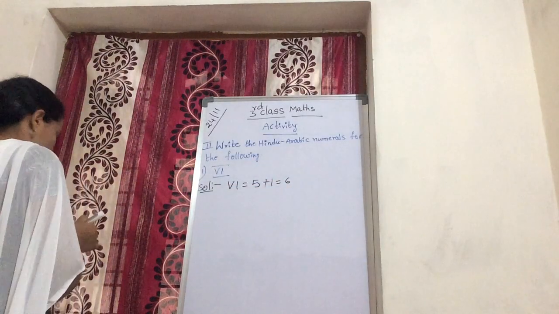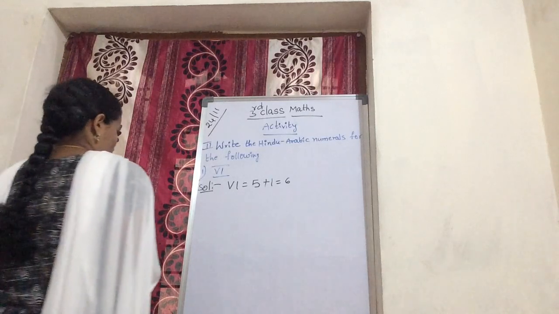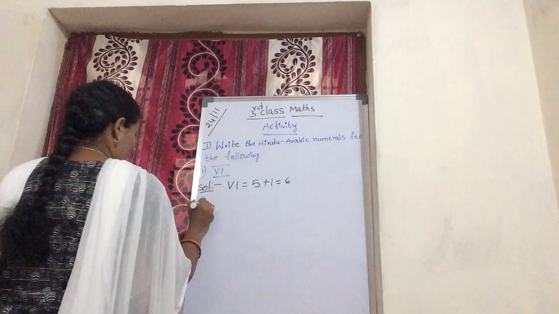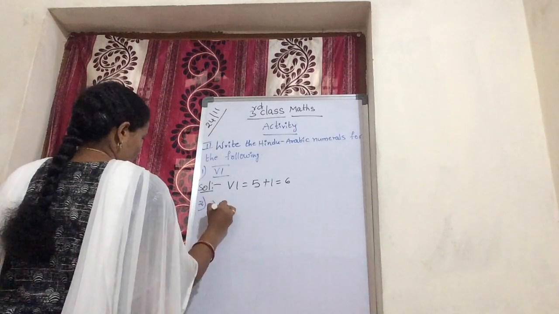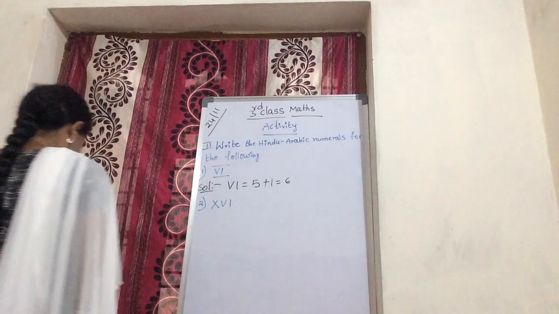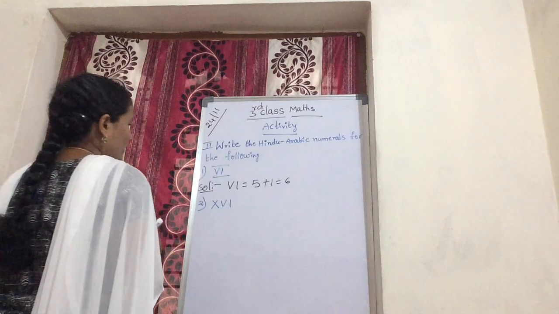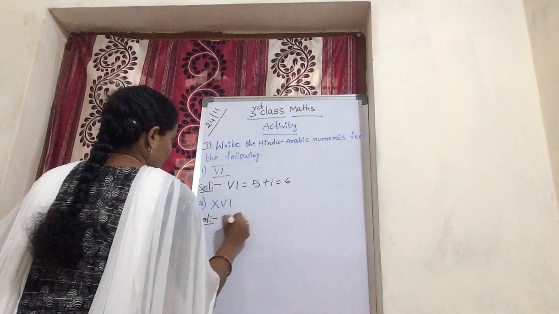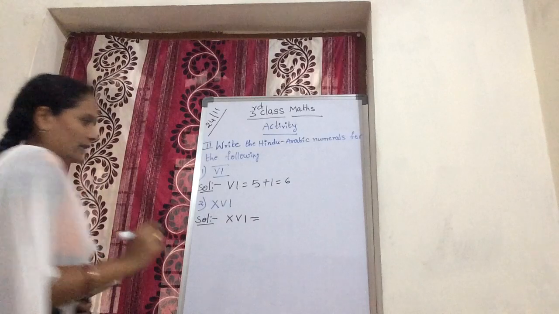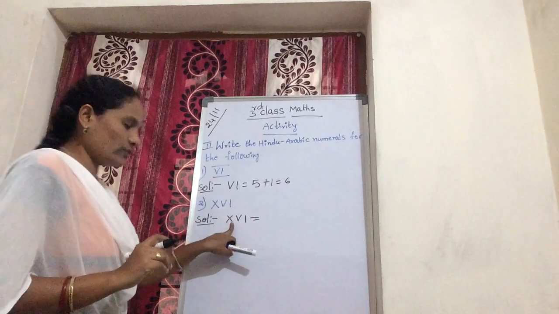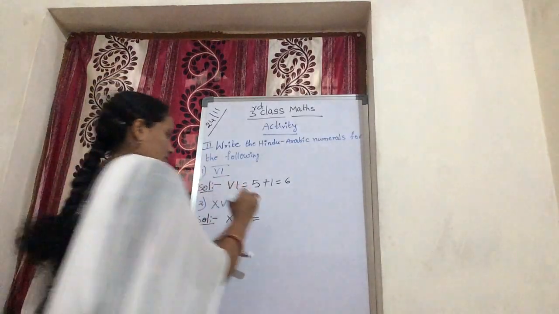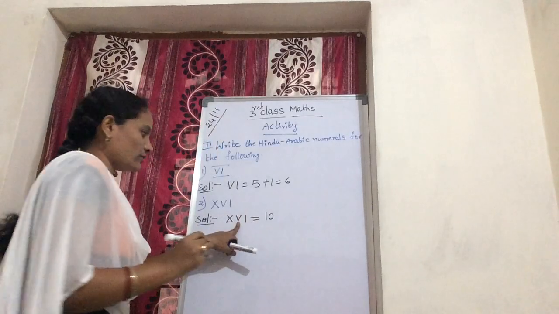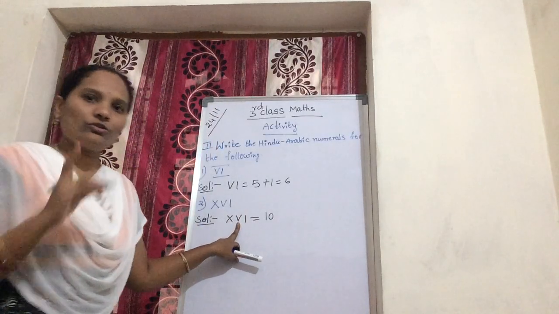Now next, the second one. One more. Solve this problem, Amma. Okay. X for what, children? 10. Now here after 10, what comes? V. V for 5.